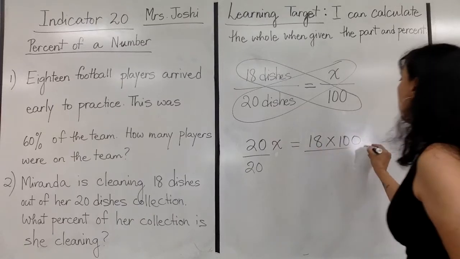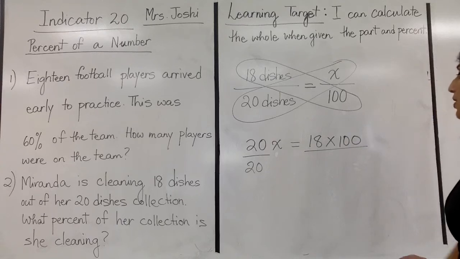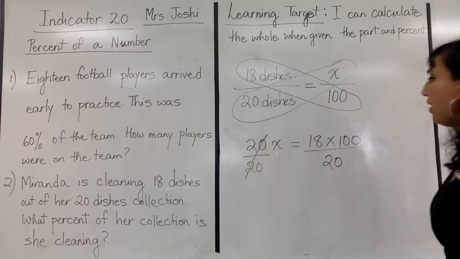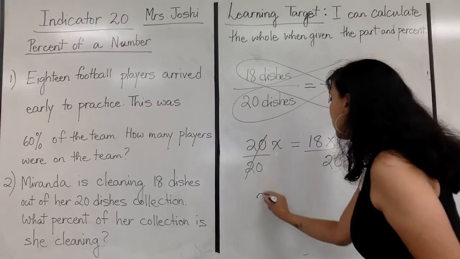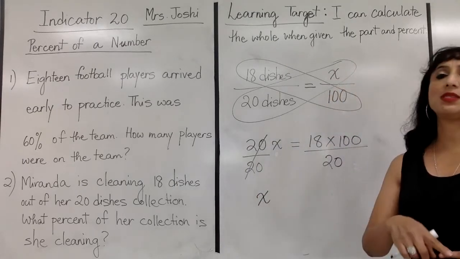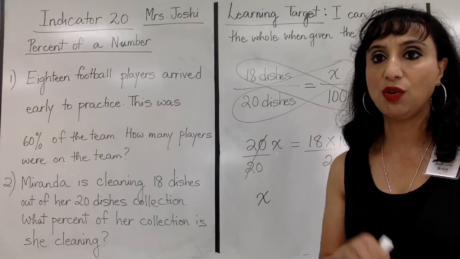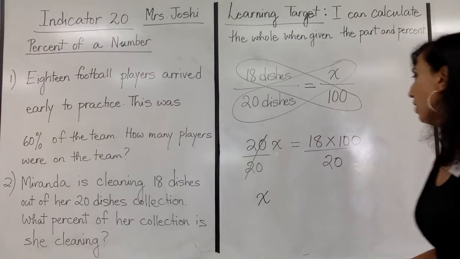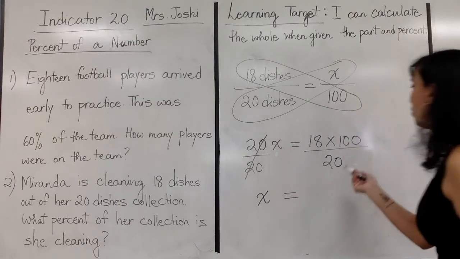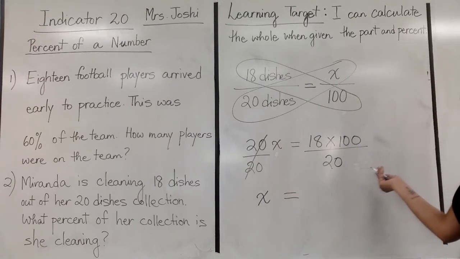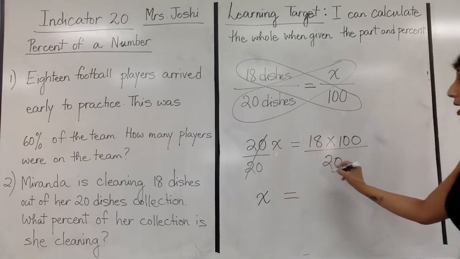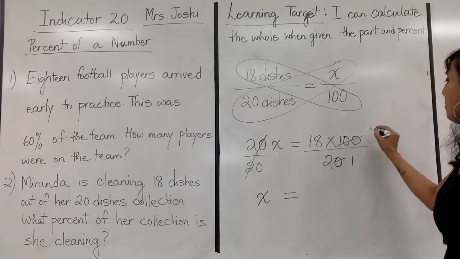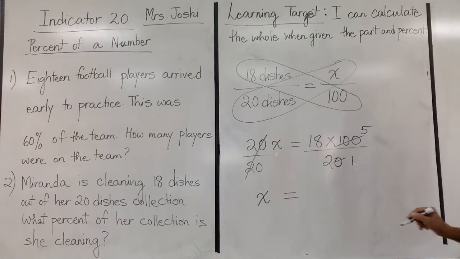Okay, so whatever I do on one side of the equation, I do the same thing on the other side. And 20 divided by 20 is 1. 1 times X, any number times 1 gives that number. So X is that number, the variable, times 1 will give me X. Is equal to, I'm going to simplify over here straight up. Okay, and then 20 times 5 is 100.